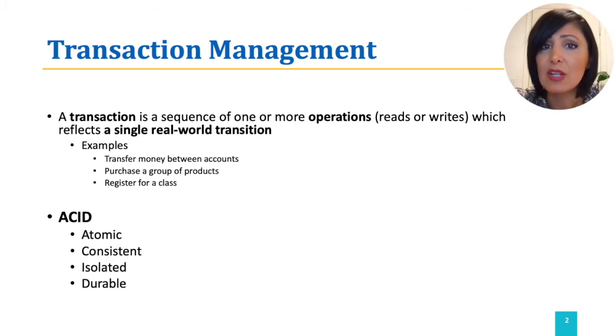NoSQL databases relax ACID properties by adopting eventual consistency. NewSQL reintroduces ACID compliance to NoSQL-style database management systems, though. Before diving in how to ensure these properties in our transactions, let's quickly review their definitions.